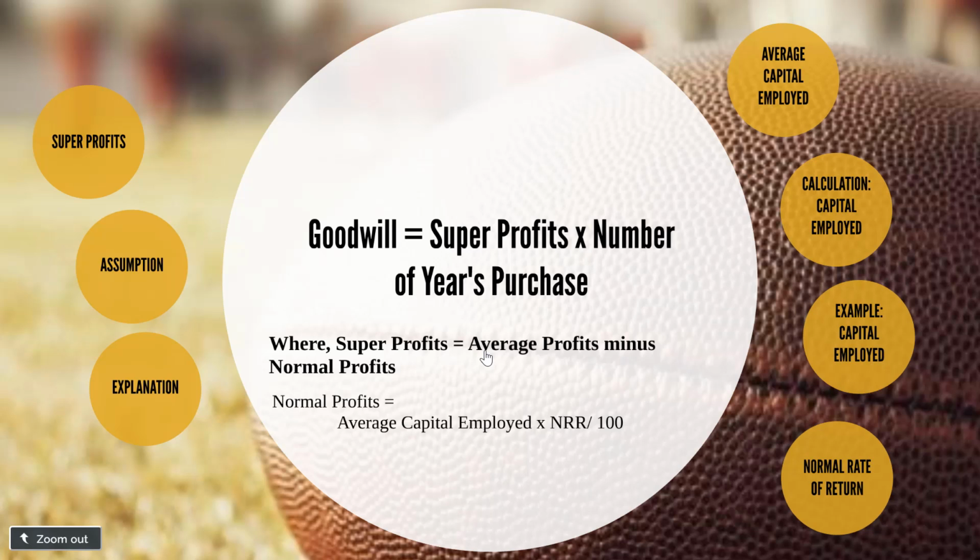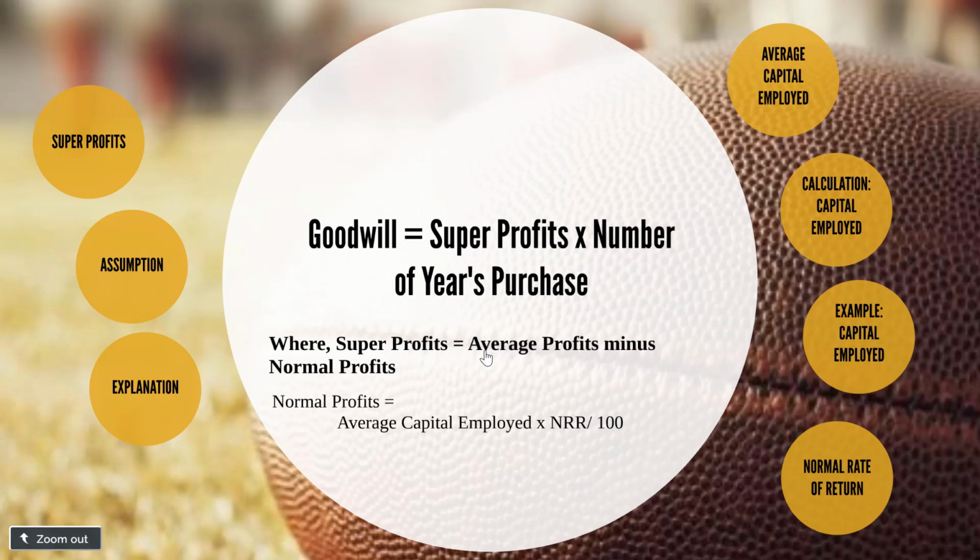Now here super profits is equal to the average profits of the business minus normal profits. And normal profits in turn is equal to average capital employed into NRR, or the normal rate of return, divided by 100.